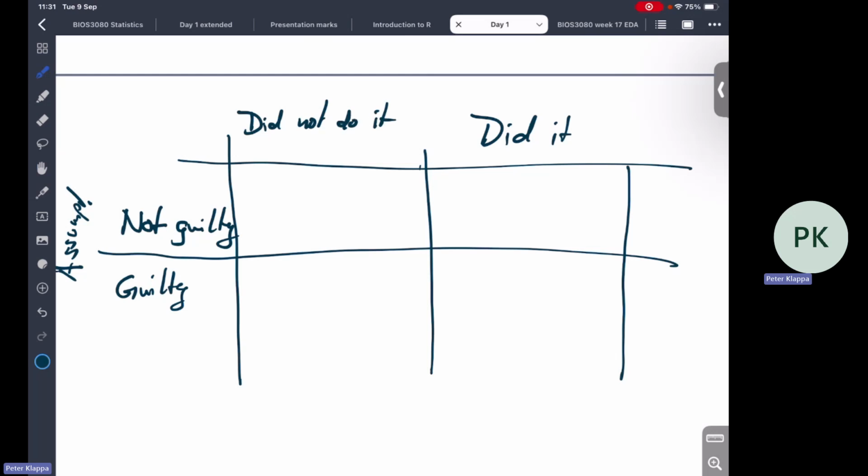Did she do it? No, you're innocent. Okay, now we send out the jury. Well, actually, no, we don't. This is actually what is called a confusion matrix, because sometimes it's rather confusing what's happening, or a 2x2 matrix that will help us to understand what's going on here.